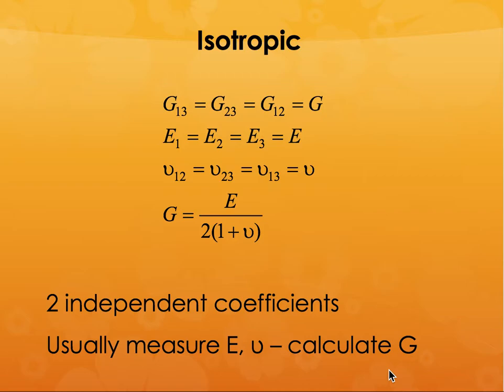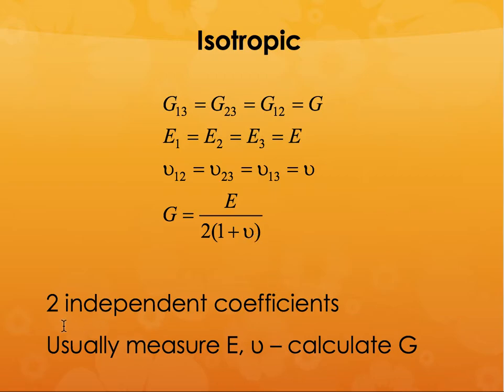But let's take the case of an isotropic material. If you have an isotropic material, the shear moduli in the 3 different directions are equal to one single shear modulus. The elastic modulus becomes one single elastic modulus. You have one single Poisson's ratio, and the shear modulus and elastic modulus are coupled by the Poisson's ratio.